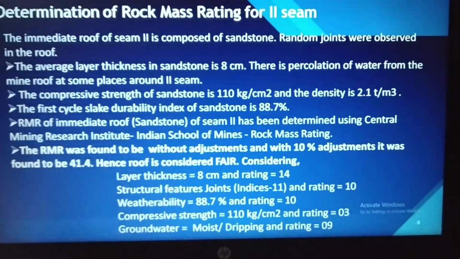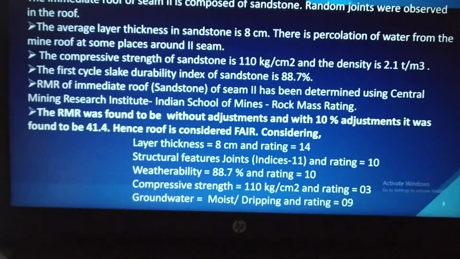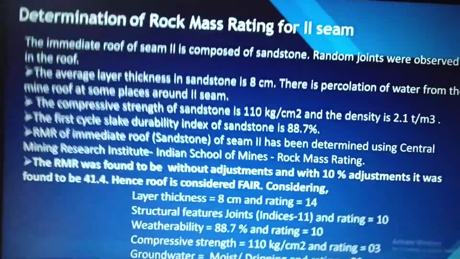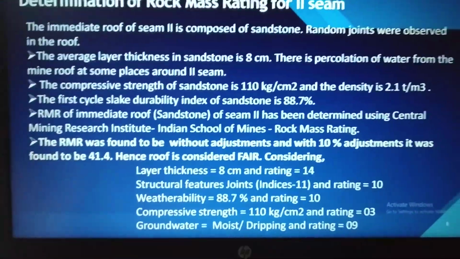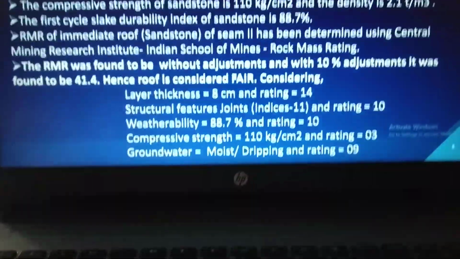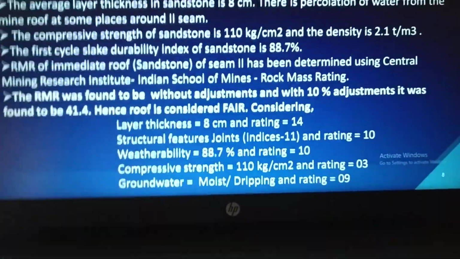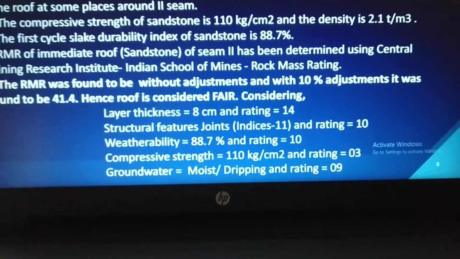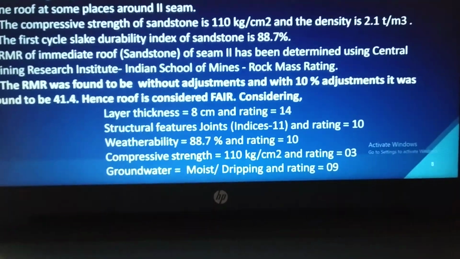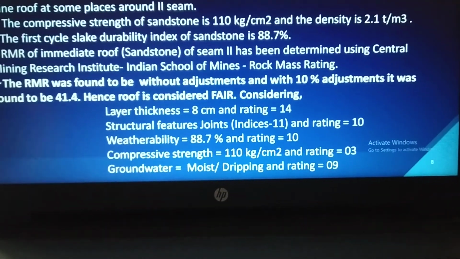There are random joints that have been discovered. The average layer thickness of the sandstone is 8 centimeter, and there's percolation of water. So we now know that while considering the RMR, we have to consider groundwater and weatherability as factors because of water percolation in the rock.